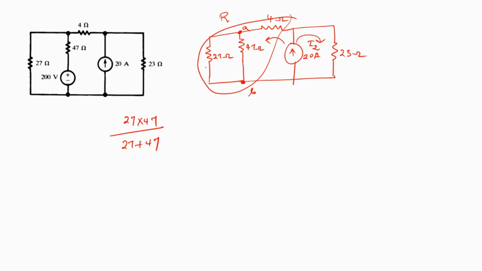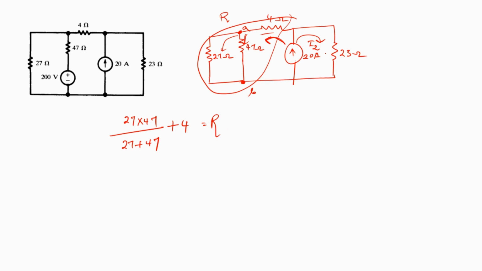This is now in series with the 4 ohms resistance, because this current is going to go into 4 ohms and then it is going to split up between 27 and 47. So 27 and 47 are in parallel, and this parallel combination is in series with the 4 ohms. So I'll say plus 4. So this entire thing is equal to R. So this is my opposite resistance.